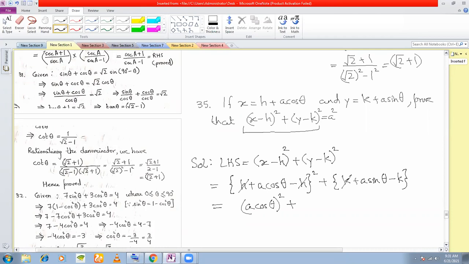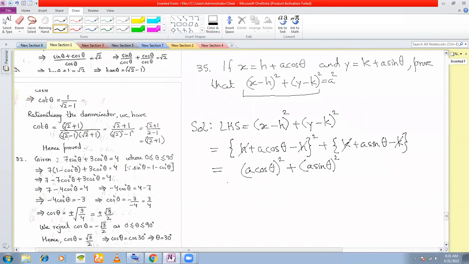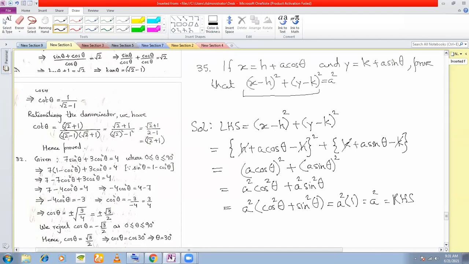Plus, and in the second one, plus k and minus k cancel. You get a sin theta whole square. So here you get a square cos square theta plus a square sin square theta. Now you can take a square out to get cos square theta plus sin square theta, which is equal to a square into 1, which is equal to a square, which is equal to your right hand side. And that is the required proof.